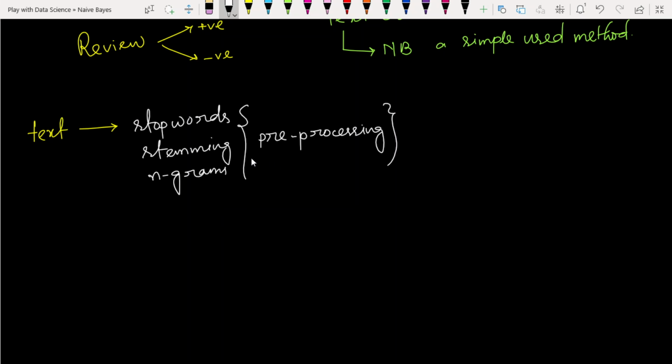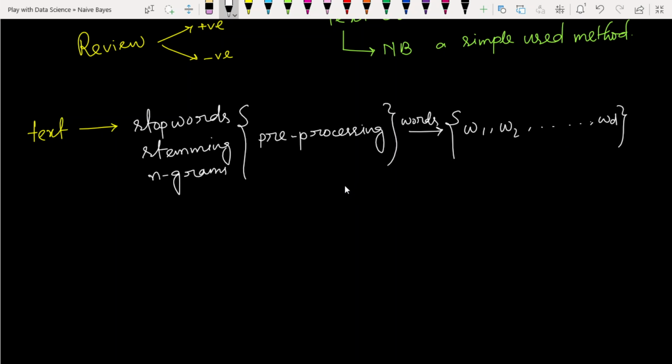So after using these simple pre-processing techniques, suppose we have some words, w1, w2, and so on. Suppose in a text we have d words.